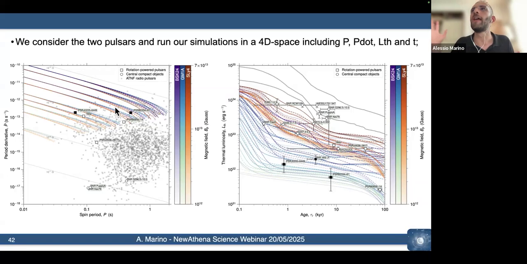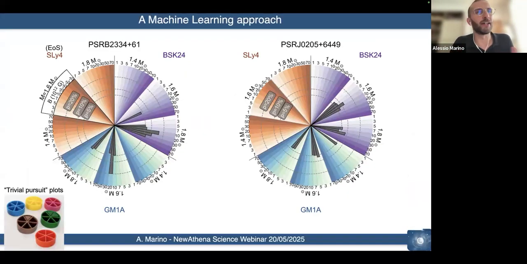Anyway, what we do is we consider these neutron stars in a four-dimensional space made of P, Pdot, luminosity, and age. And we consider the proximity between these neutron stars and each of these curves as the probability that these neutron stars are actually described by that curve. And we visualize all of these probabilities together in this pie chart, which I like to call a Trivial Pursuit plot, because if you have ever played Trivial Pursuit, they kind of look like the pie pieces of Trivial Pursuit.